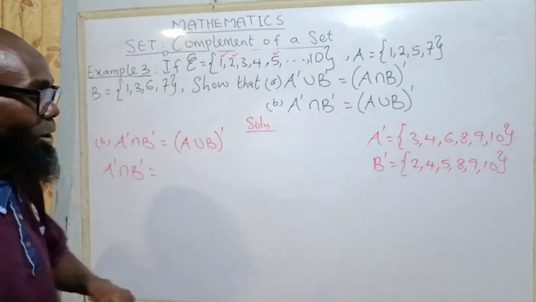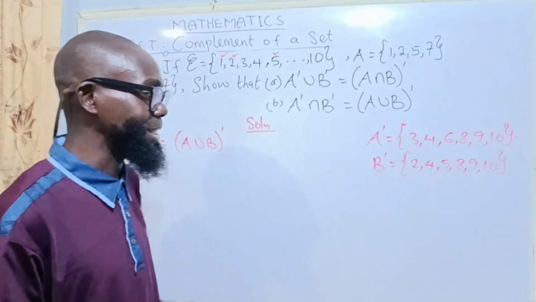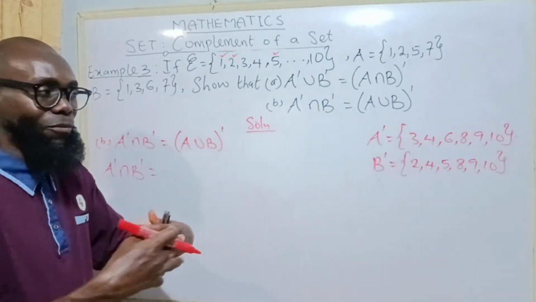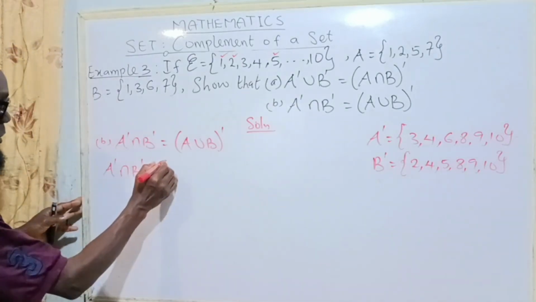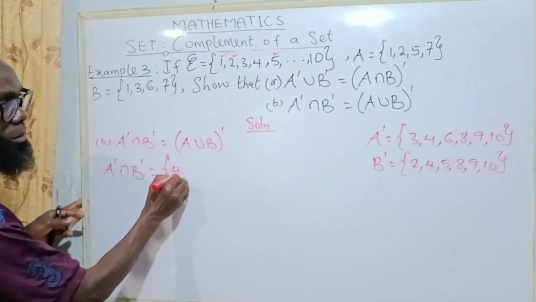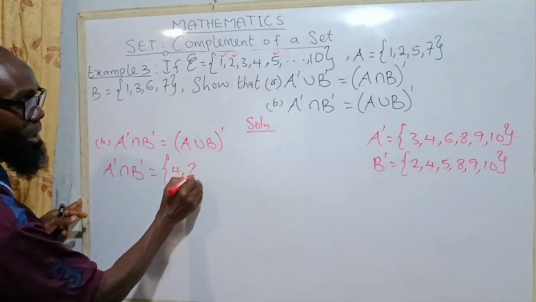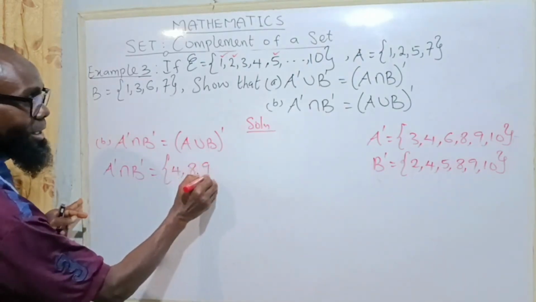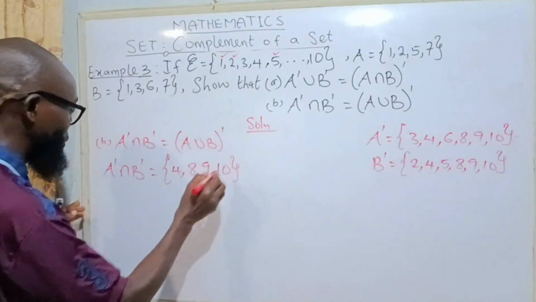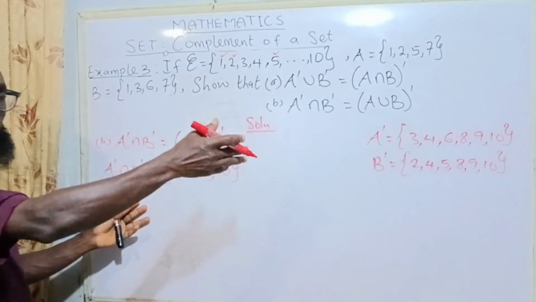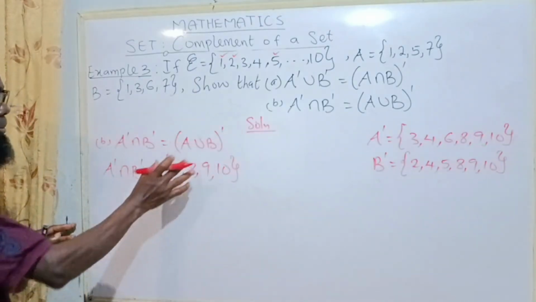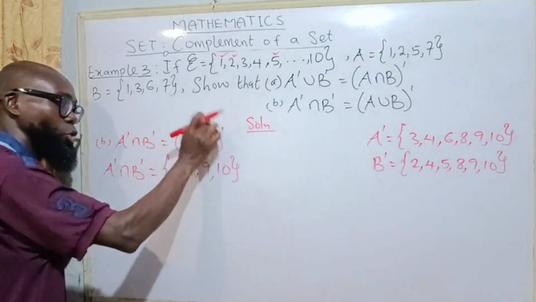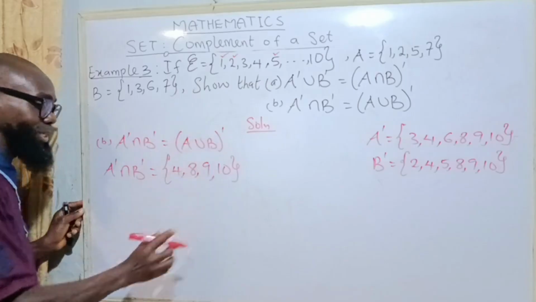Since we have our complements already, what is intersecting between them? What do they have in common? We have 4, what again? 8, what again? 9, and what? 10. So these are the intersection between them. Now the second one, before we look at the complement, we must look for the inside values first.